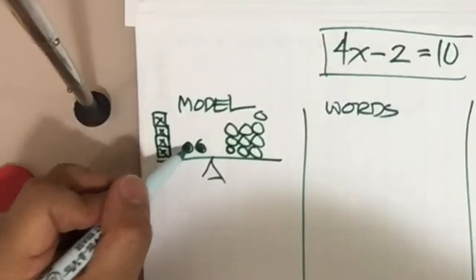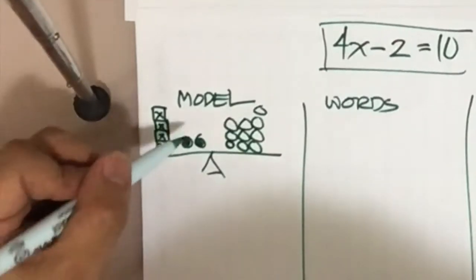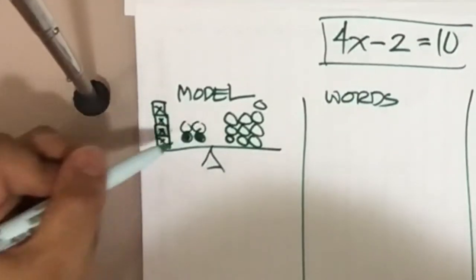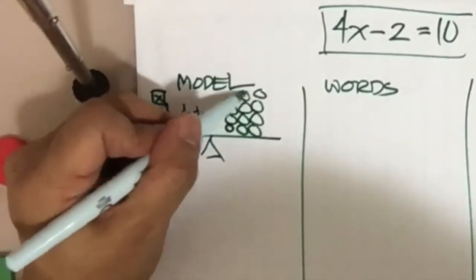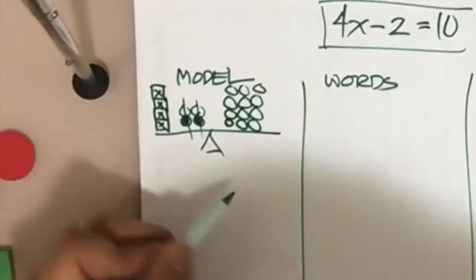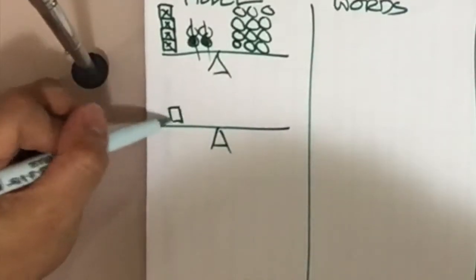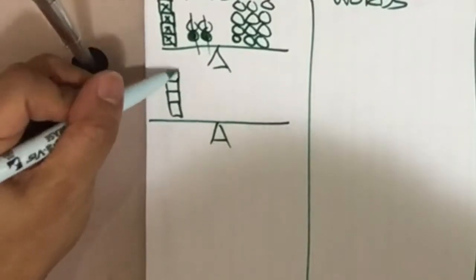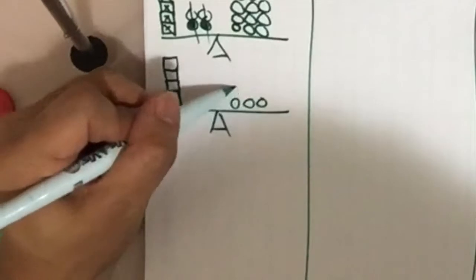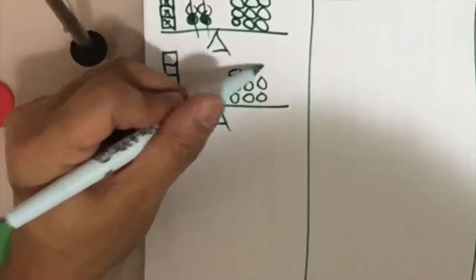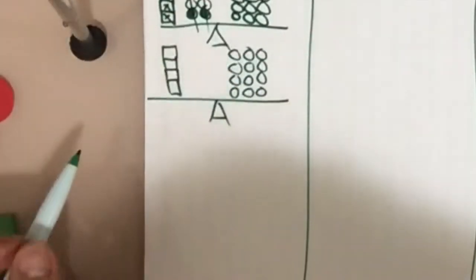To get rid of the negative, I threw 1 positive and 1 positive. It canceled out. So let me throw 2 again on the other side. So what remains now is 4x's, and on the other side, this will now show 12 singles.